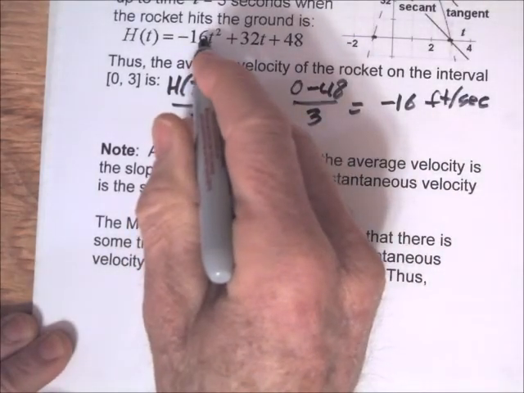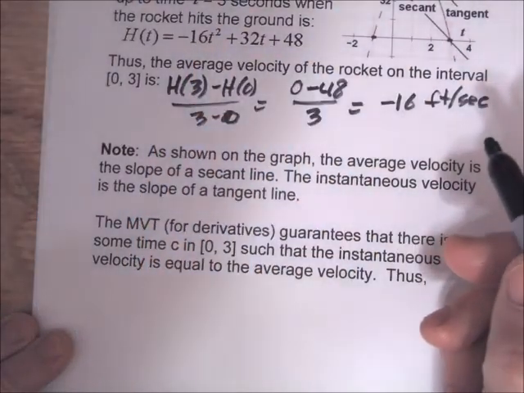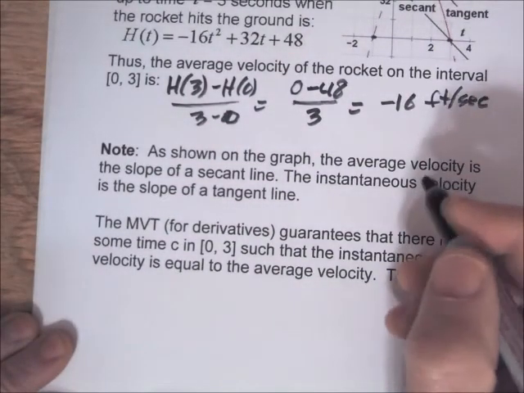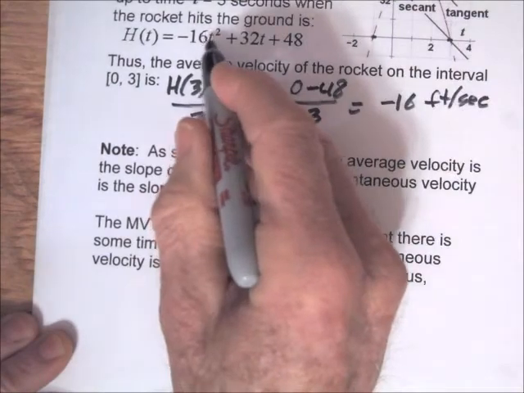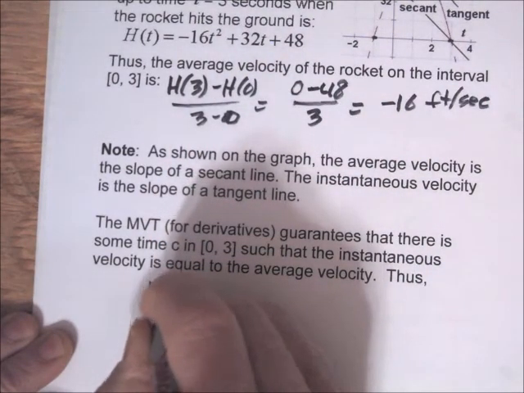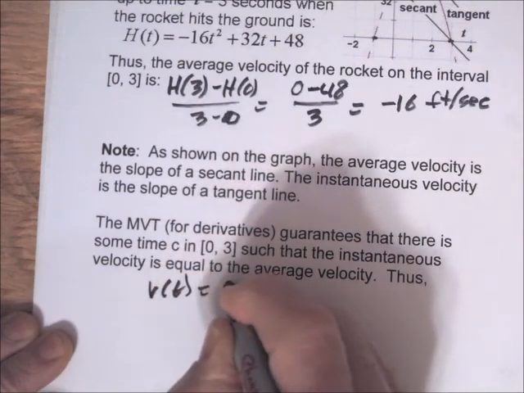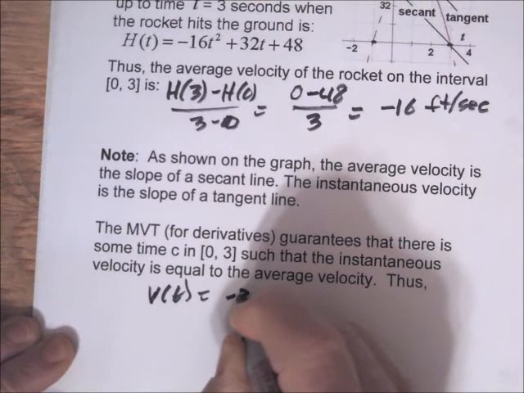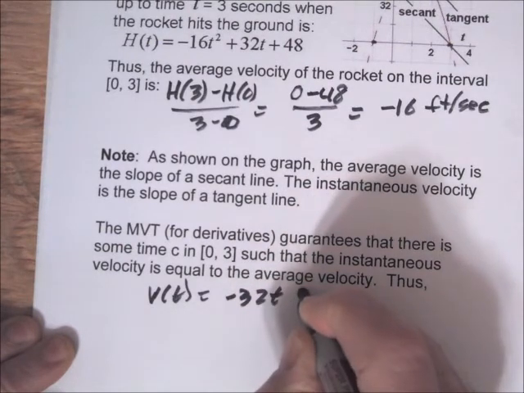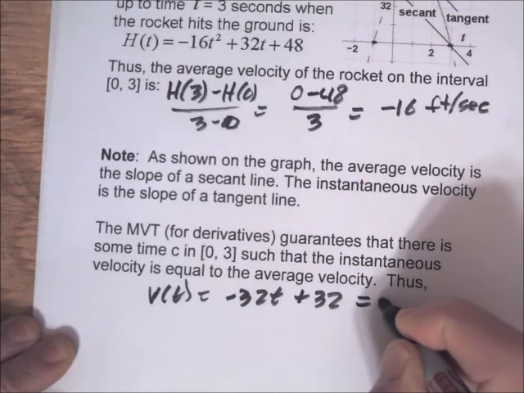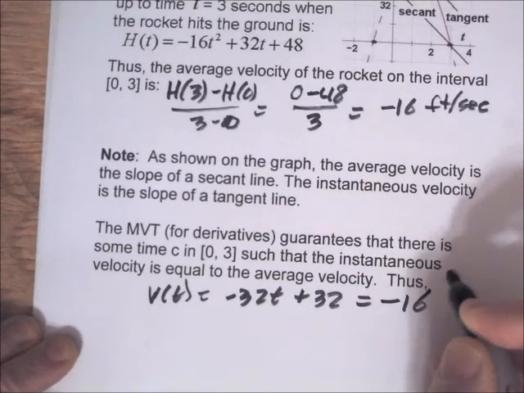The instantaneous velocity v of t is the derivative of the height, which would be minus 32t plus 32, and there's some time where that should be equal to negative 16.